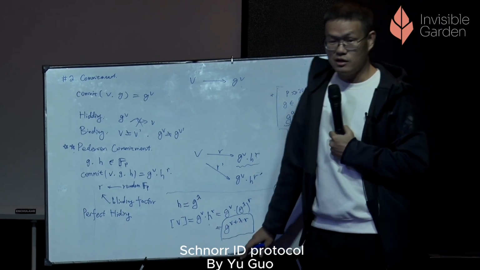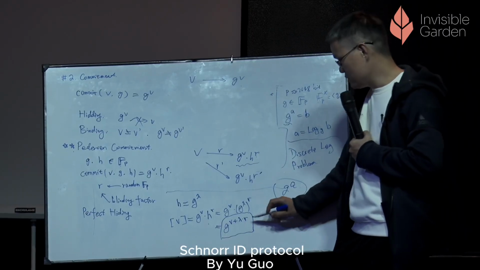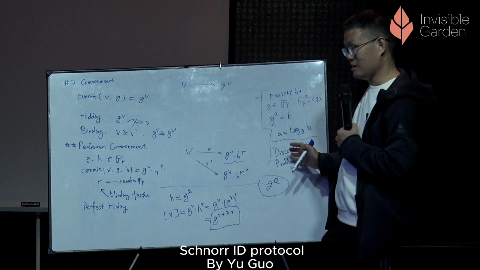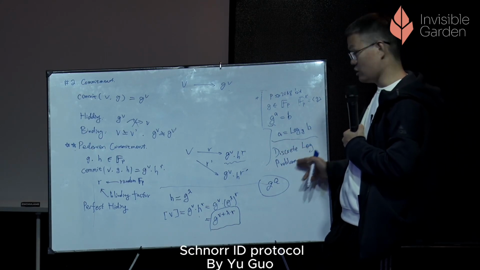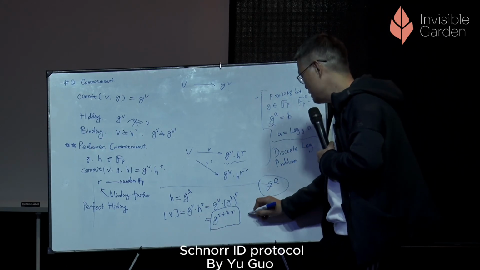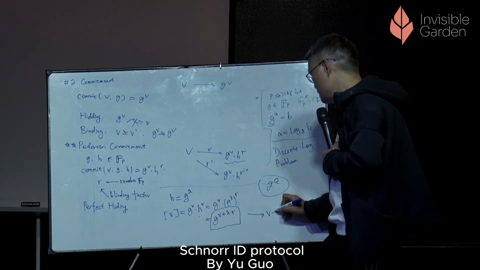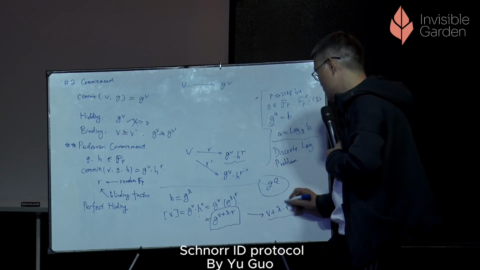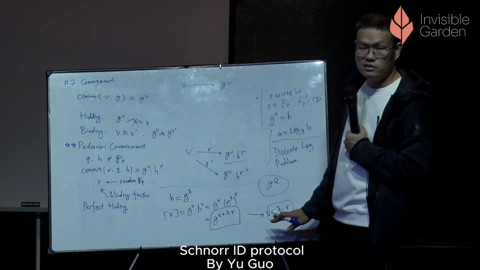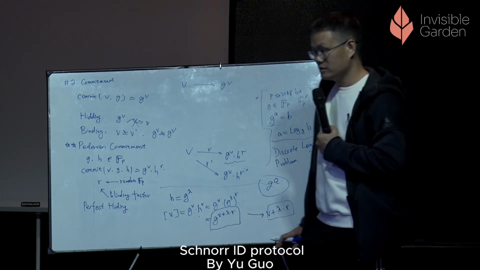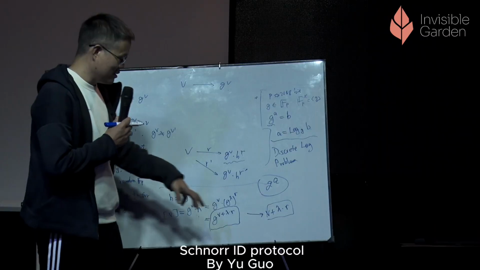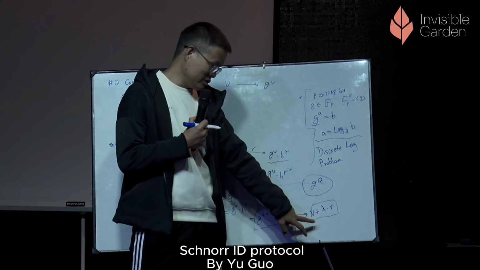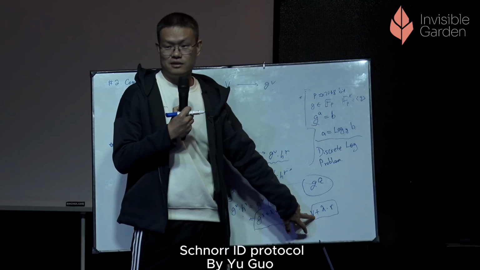And in the future, 100 years later, some guy, assume he can efficiently compute the discrete log problem. Then V plus lambda times R will be extracted, right? But if the attacker doesn't know what R is, the attacker won't know what V is, right?